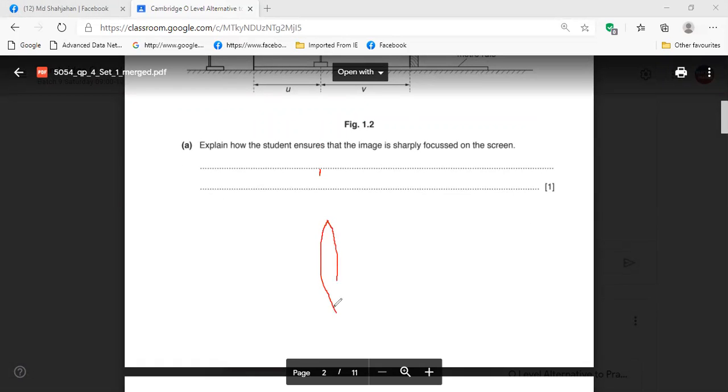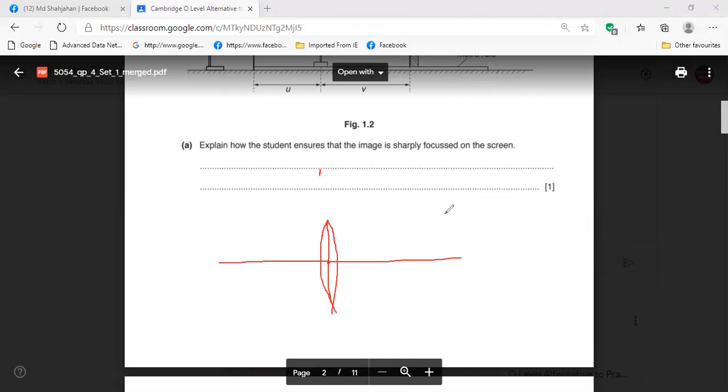And in this lens, we have a point, what you said, center, right? That is called optical center. And this one is optical axis. And this one is principal axis. Both optical axis and principal axis are going through the optical center, but one is vertical, another one is horizontal.